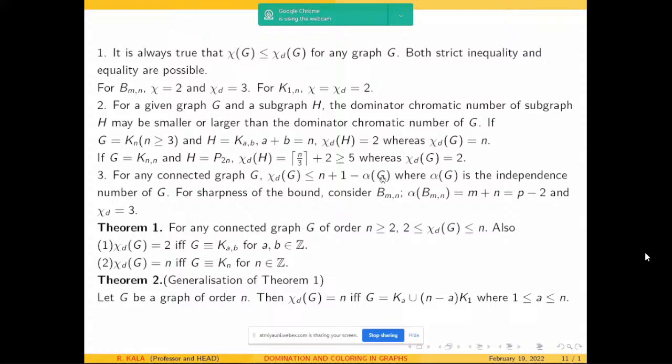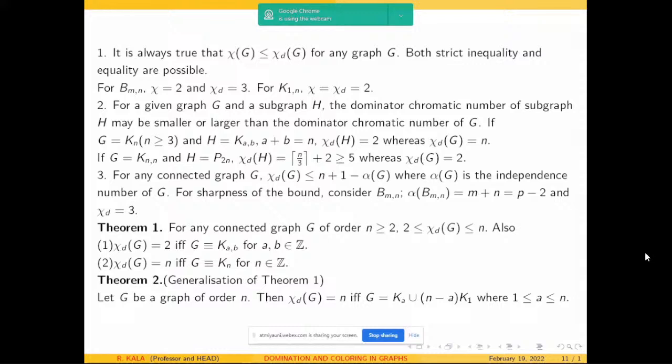Every vertex there is taken as a single color class, so for every vertex, I use a distinct color. So the number of colors that I have used is n minus alpha plus 1. Okay. And now I can show that this is a proper coloring, and this proper coloring is a dominator coloring. If you look at any vertex outside, that itself is a color class.